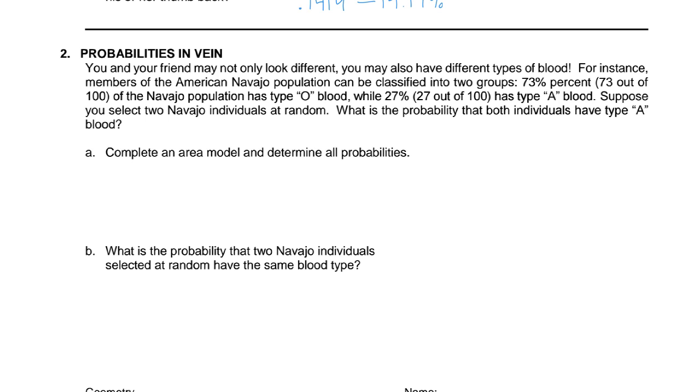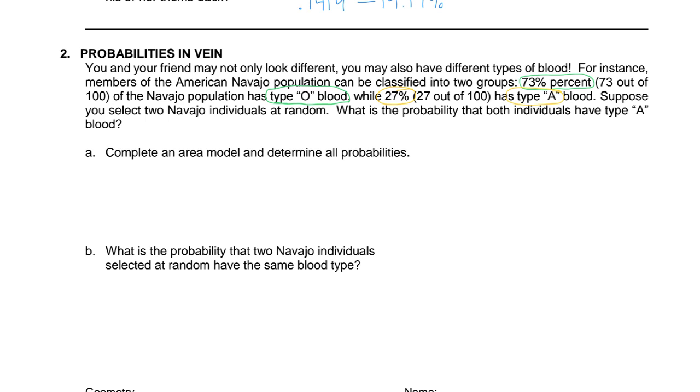So we want to make sure that we keep those together, 73 and type O, while 27% has type A blood. Suppose you select 2 Navajo individuals at random. What is the probability that both individuals have type A blood? So we'll answer that question in the end.